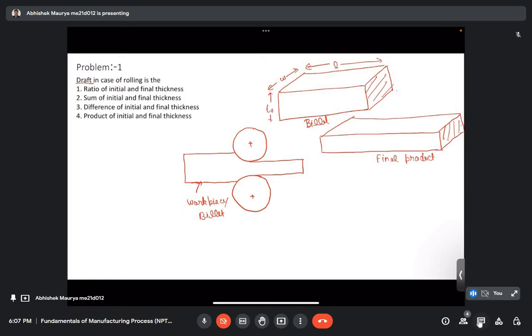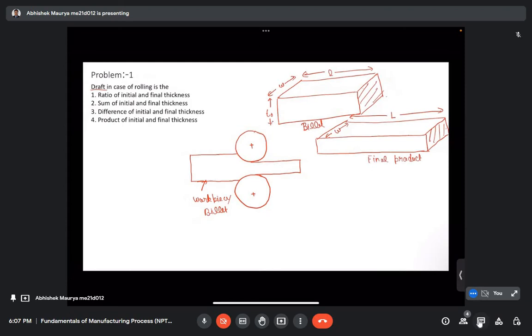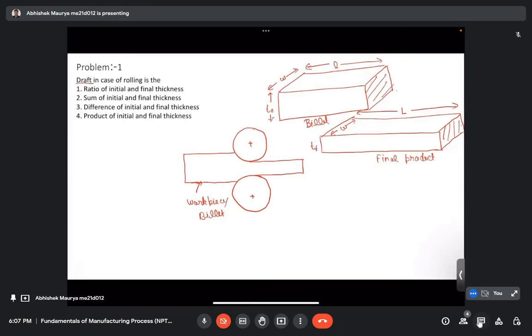And after deformation we want a new length, let's call it capital L. Here the width will be the same as the initial one, and the thickness will be TF, which is basically we want to reduce the thickness as well as the cross-sectional area.